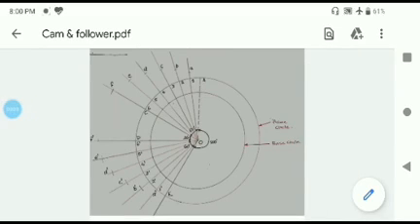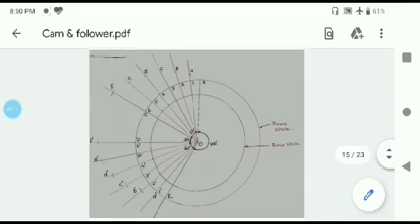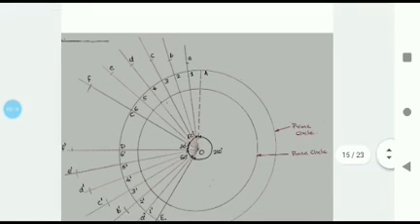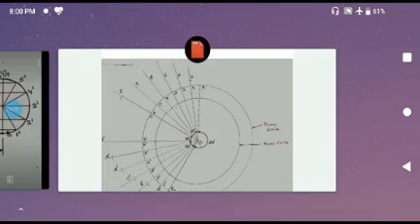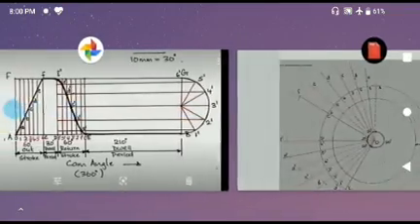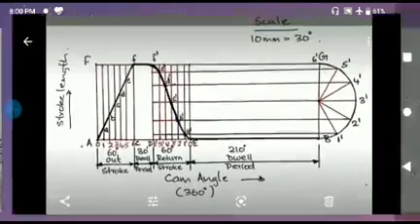After dividing the outstroke region and the return stroke region, and also after labeling the intersecting points, like we had done before, you go to the displacement diagram. The displacement diagram is the same as that we had drawn for the first question.